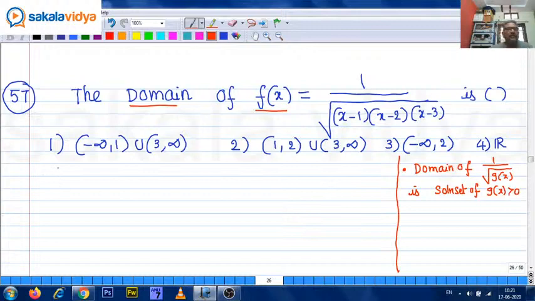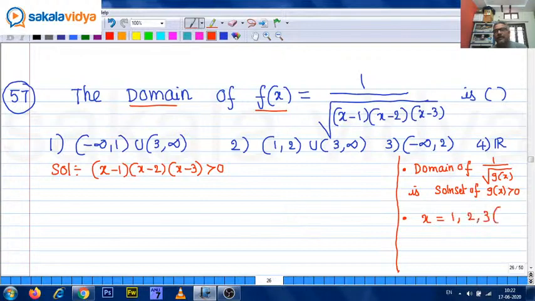That means the solution here: (x minus 1) times (x minus 2) times (x minus 3) must be greater than 0, not equal to 0. So now the critical points: x is equal to 1, 2, 3, because if you equate the LHS to 0 we get critical points.